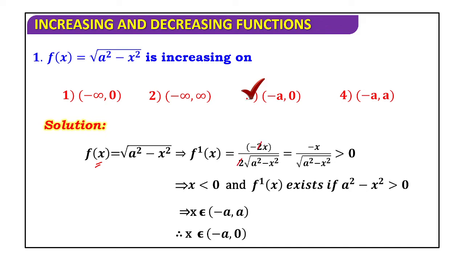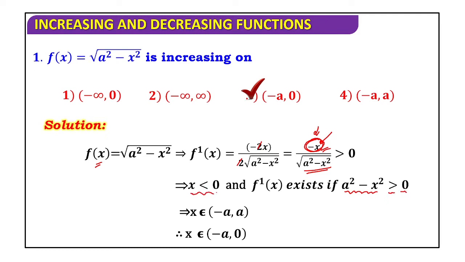You can cancel 2 and 2, so it remains minus x divided by root of a square minus x square, greater than 0. Here you have two parts: minus x, and root of a square minus x square. In minus x, x should be negative, and a square minus x square should be greater than 0.